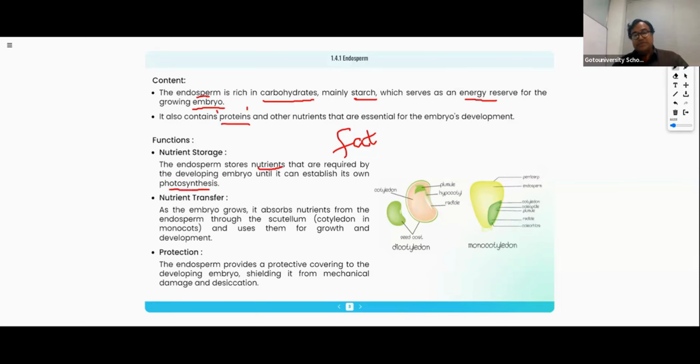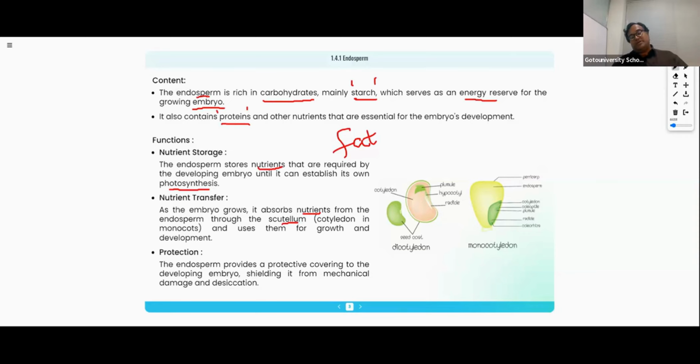We know very well photosynthesis is very important for the plant to make the starch. The protein is not formed because of photosynthesis. Only the starch, which is a carbohydrate, is formed because of photosynthesis. The nutrients are taken from the endosperm through the scutellum. Scutellum is the word we use for the cotyledon in monocots.